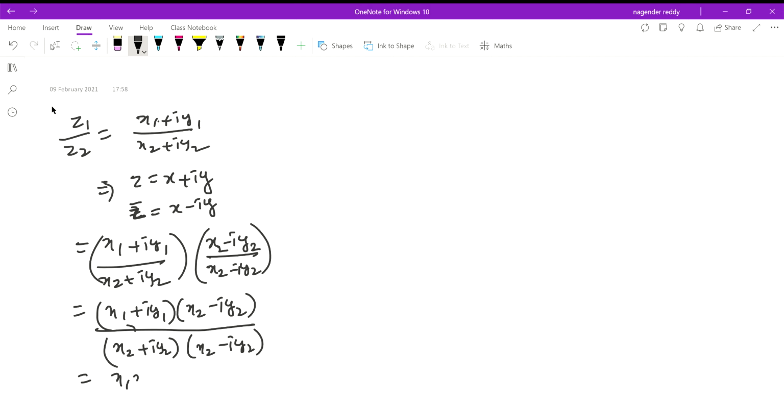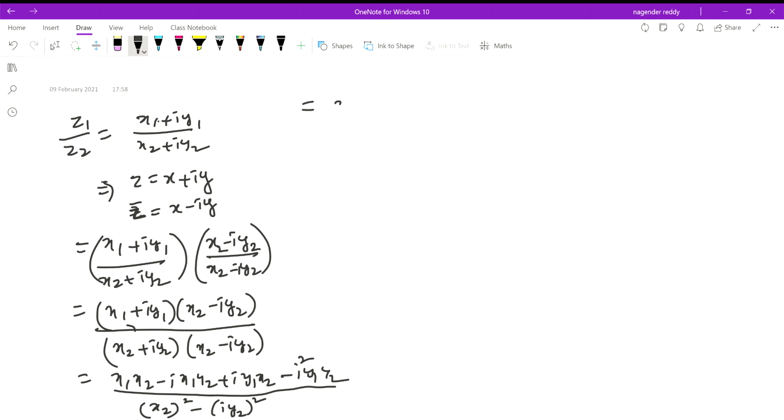That is x1 x2 minus i x1 y2 plus i y1 x2, minus, plus into minus gives minus, right, minus i square y1 y2. You should concentrate, because i square is minus 1, but minus i square gives you plus 1. Then a plus b into a minus b will give you a square minus b square. Here in the place of b we have i y2. Be careful while applying this one.